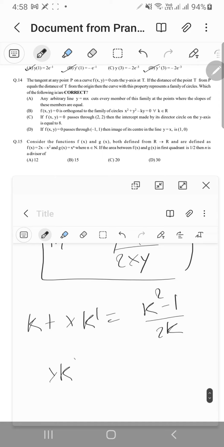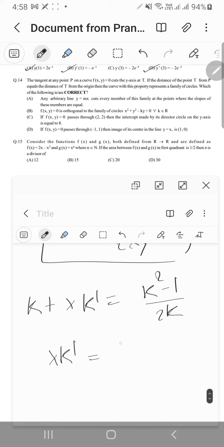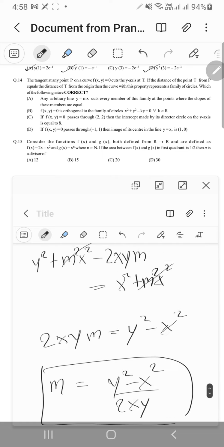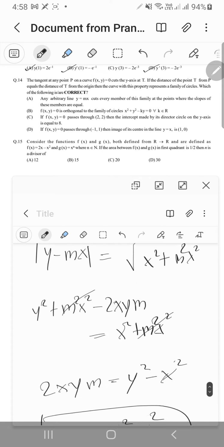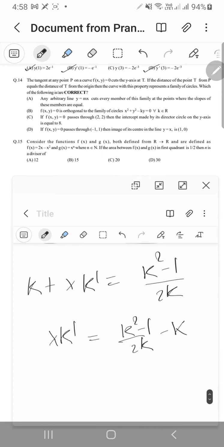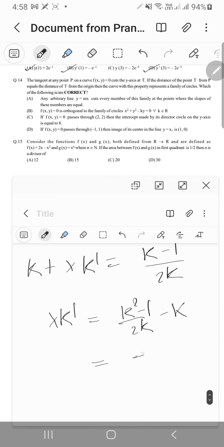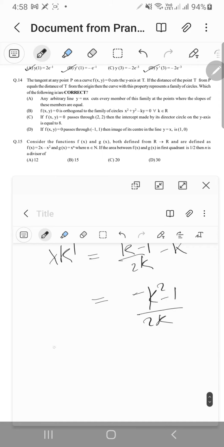So x k dash is, it goes over there, so k squared minus 1 upon 2k minus k. I've seen this a lot, have I not? Yeah, so this is going to be minus k squared plus 1 upon 2k. So k dash 2k upon k squared plus 1 equal to negative 1 upon x.